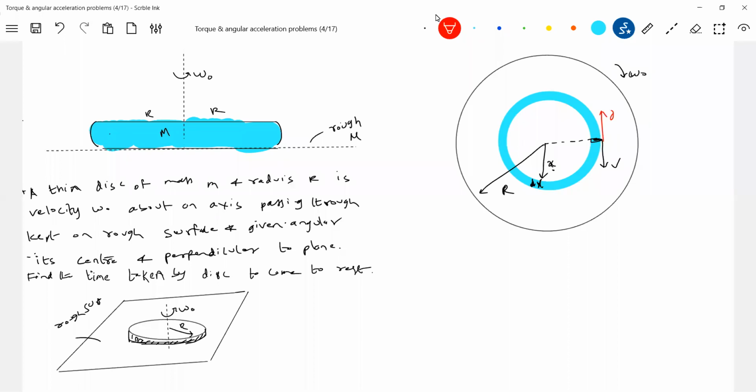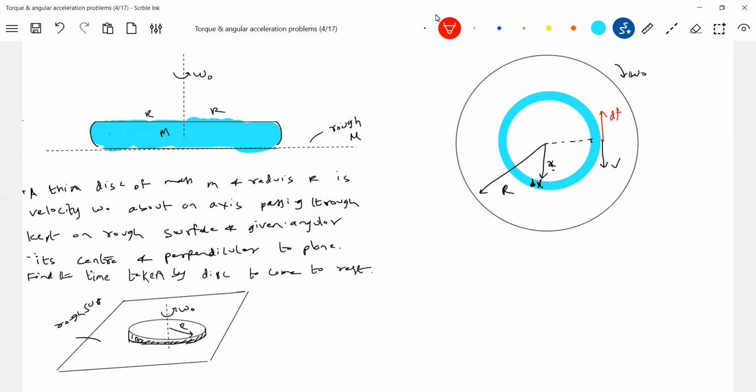Let me take that as df. This df acts on one element like this at all points. The resultant friction acting on the elemental ring, I'm showing as df, not on one element.